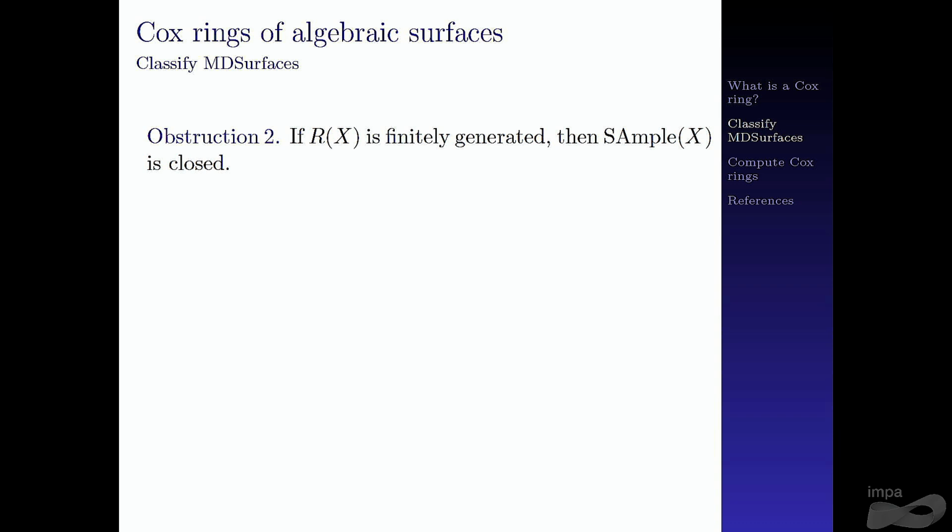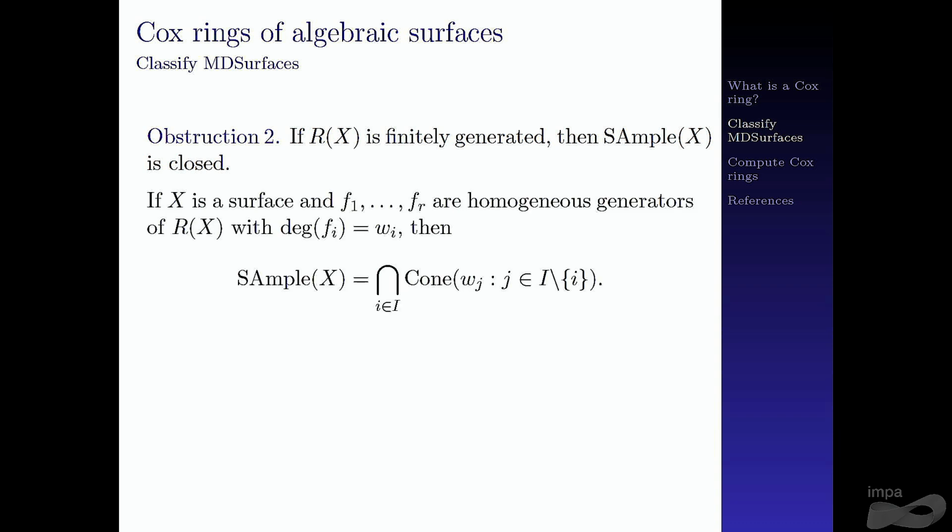And the reason is that essentially this cone, as also other cones of divisors on Mori spaces, have a combinatorial description in terms of the degrees of a generating set. More precisely, assume that X is a surface, and as before, take a set of homogeneous generators F1, ..., Fr, whose degrees are, as before, Wi.